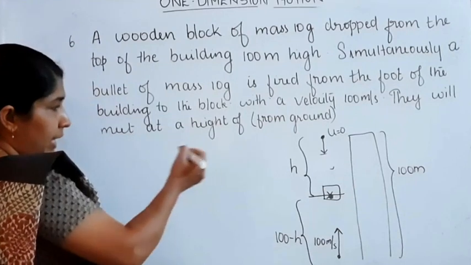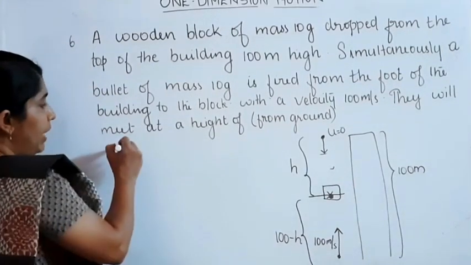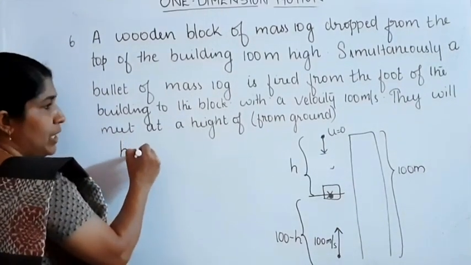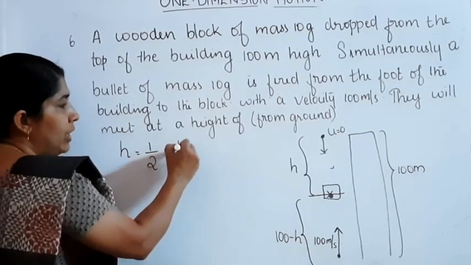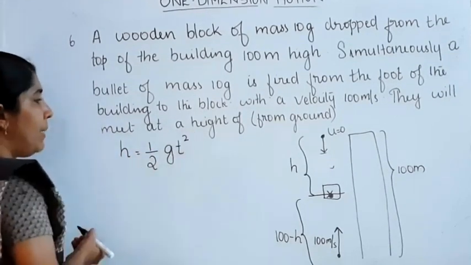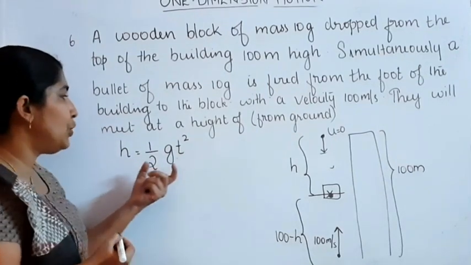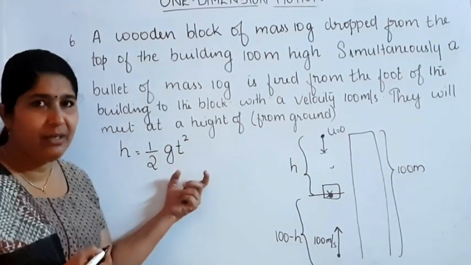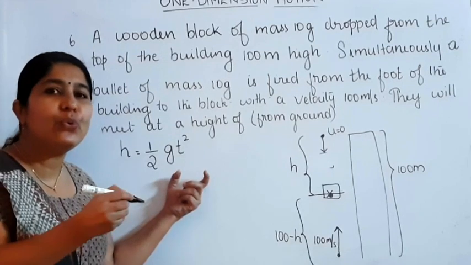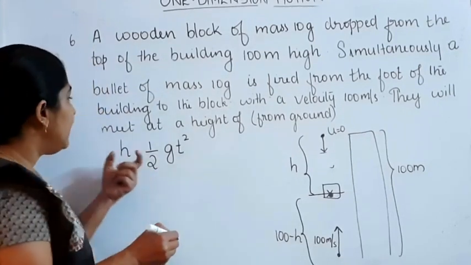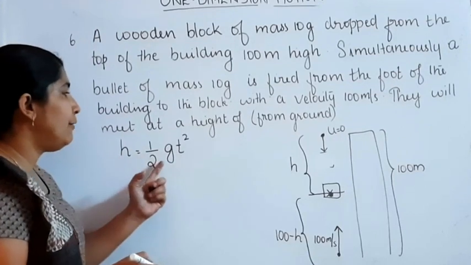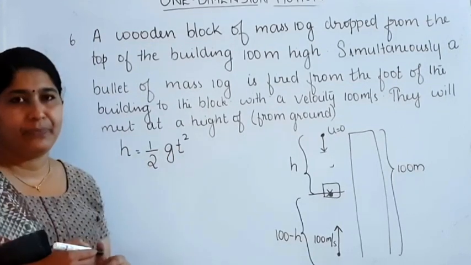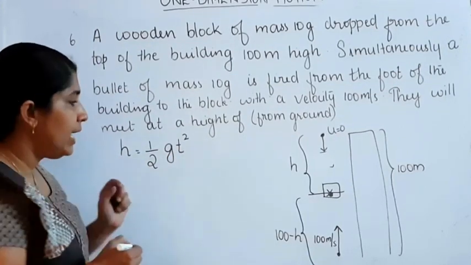In the case of the wooden block, what about the height h? h is equal to half g t square. By using the equation s is equal to ut plus half g t square, with initial velocity u equal to 0 and s equal to h, h is equal to half g t square.